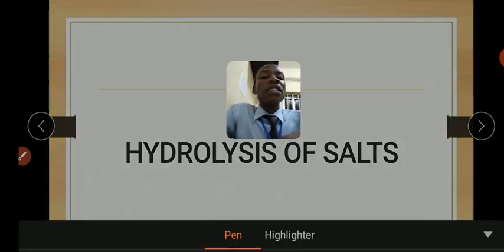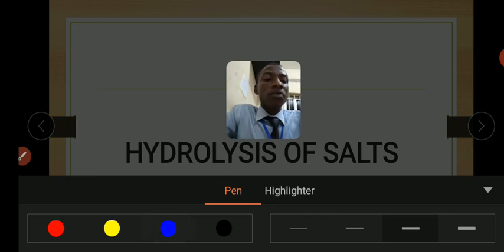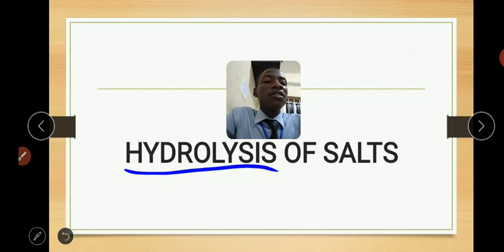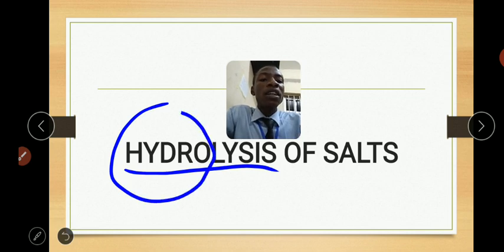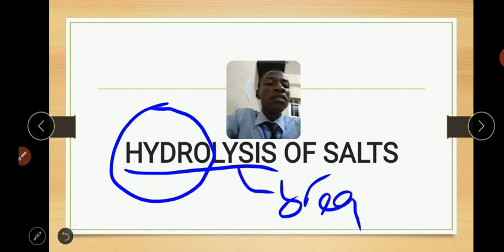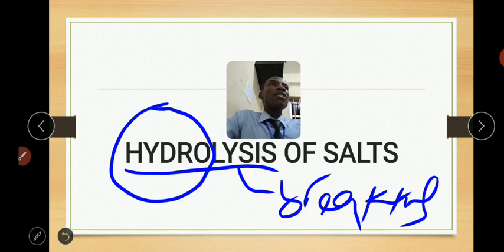That is, in salt hydrolysis, some salts enter inside water and then they break down inside the water. Hydro means water. Lysis means breaking down. So that is salt hydrolysis.